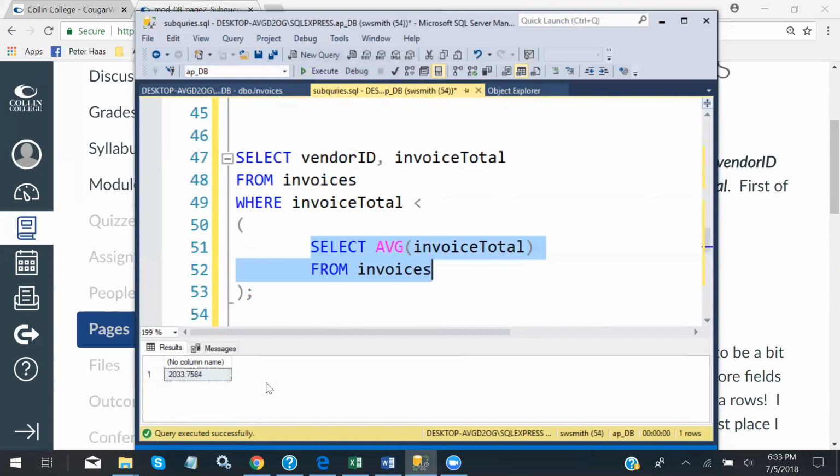Okay, so that's just a number. Now we're going to come back to that invoice total. I'm going to say that this is a poor design, because when you get right down to it, the invoice total is the sum of the invoice line items. It's kind of like hard coding.